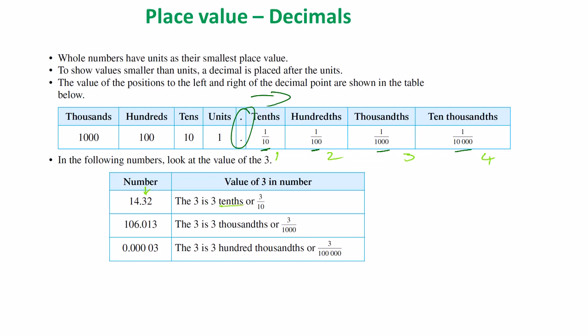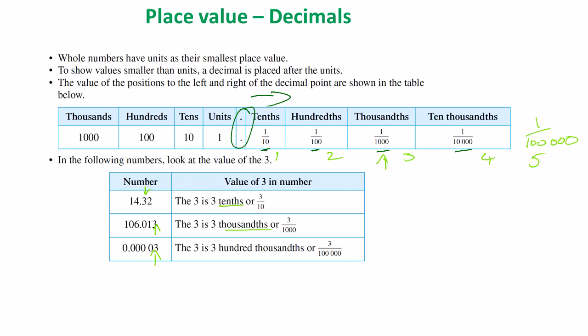So there's 3 tenths. The digit in position 3 is in the thousandths. So that's how we can look at it. This is position 5, and as we can see, I haven't got a 5 here, but if that was position 5, that would be 1 over 100,000.